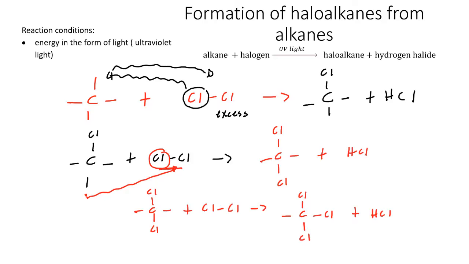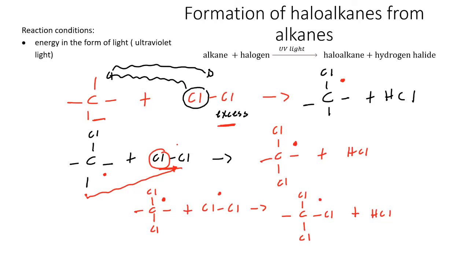So you come here from methane and chlorine, you form chloromethane. You come chloromethane plus chlorine, you form dichloromethane. Dichloromethane plus chlorine, you form trichloromethane.